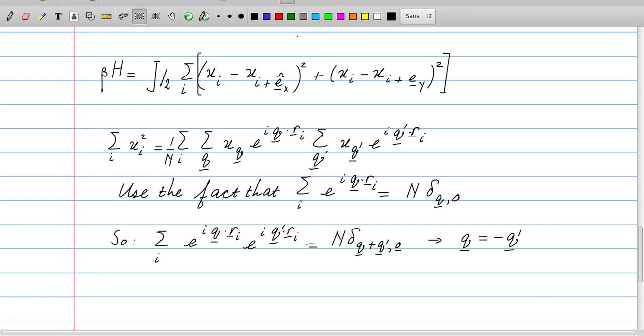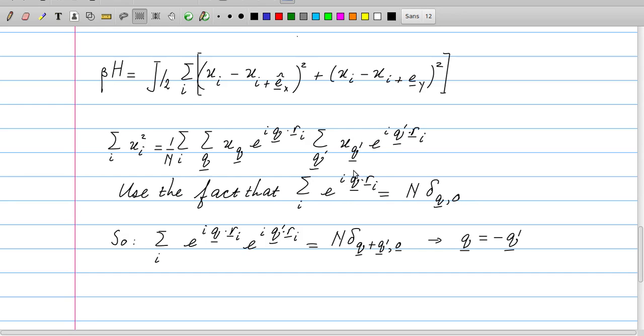Let's work out one term in some detail, that's the term xi squared. We then replace each of these xi by the Fourier transforms. One has a variable q over which we have to sum, and the other one a variable q primed. And then we use the well-known fact that the sum over i of e to the power iq dot ri, summed over ri, gives you an N times a delta function for q equals 0.